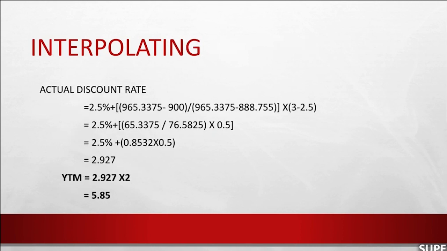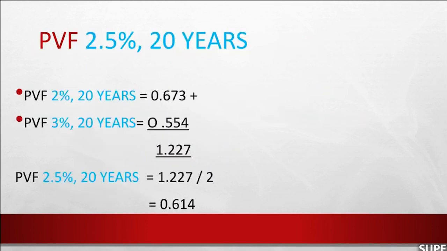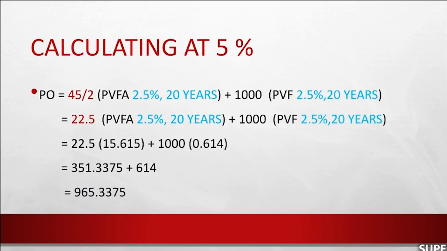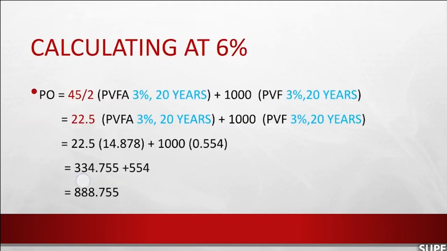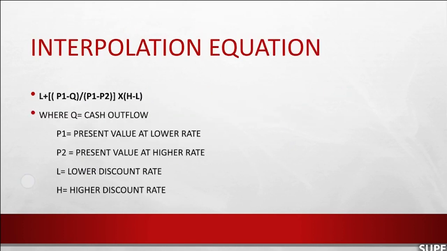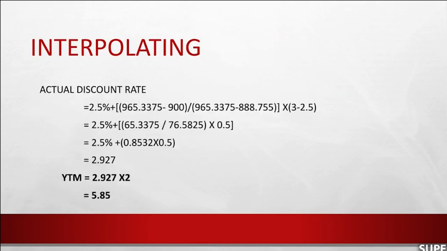So 2.5% plus the present value at the lower rate, that is the present value at 2.5%, which is 965.3375. So we have selected this here, 965.3375 minus Q, the cash outflow, 900, divided by P1, 965.3375, minus P2, the present value at the higher rate, that we have calculated here, 888.755.